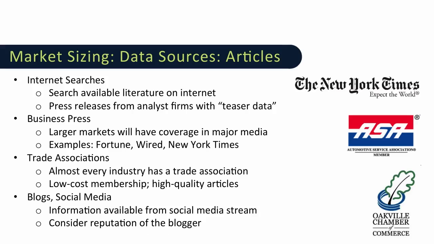If you deal in large markets such as that for cell phones, you're in luck because many business press periodicals cover those markets. Nearly every industry maintains trade associations that cover the industry. Individuals can often purchase memberships to those associations for little or no cost and gain access to high-quality, relevant information.